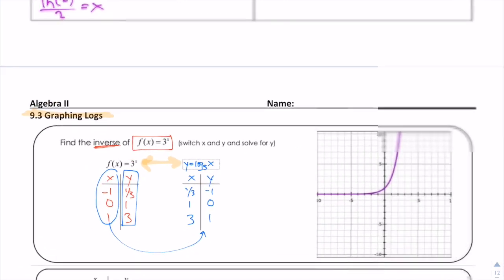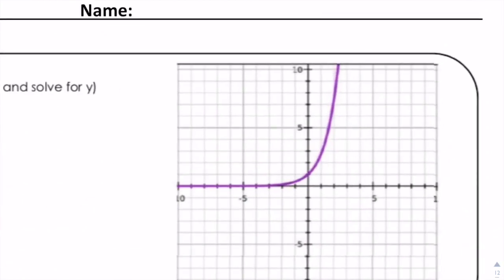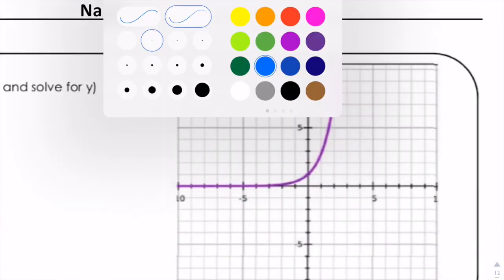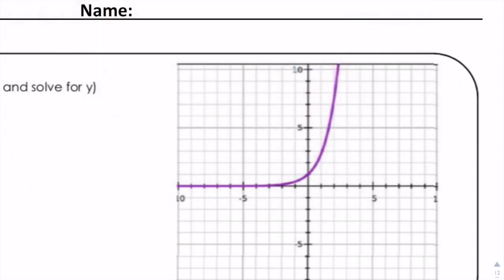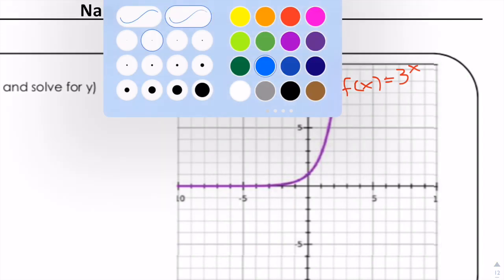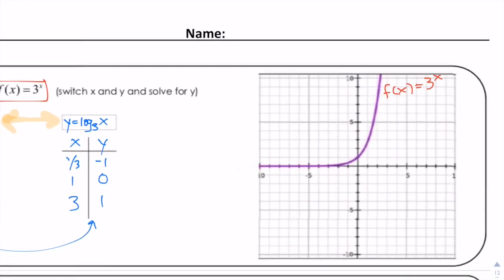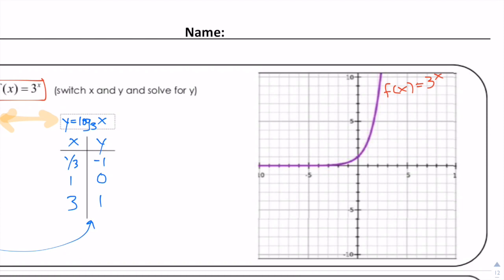Okay. So we already saw this a little bit. So what the graph ends up looking like, this purple one was the original, f of x equals 3 to the x. Now our blue function is going to be y equals log base 3 of x. So let's plot these points.